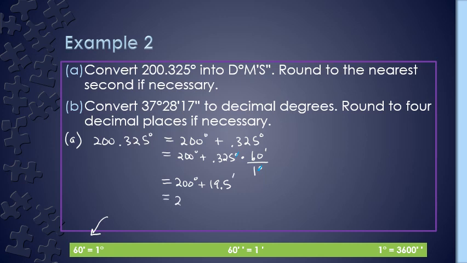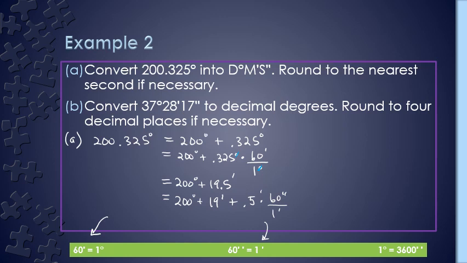So I'm happy with the 200 degrees, and I'm happy with the 19 minutes, but I now want to convert the 0.5 minutes into seconds, and so I'm going to use this conversion. So I'm going to multiply by 60 seconds on the top and 1 minute on the bottom.